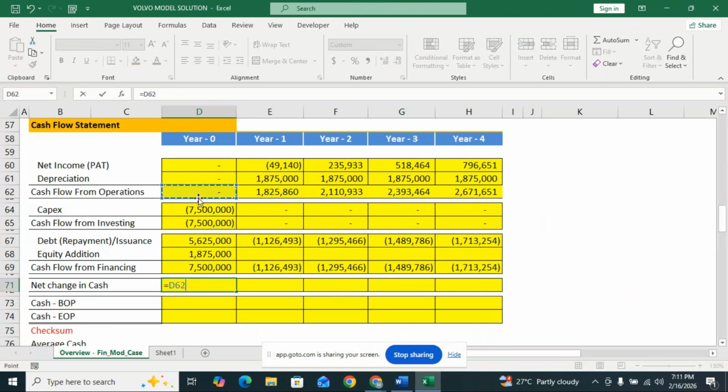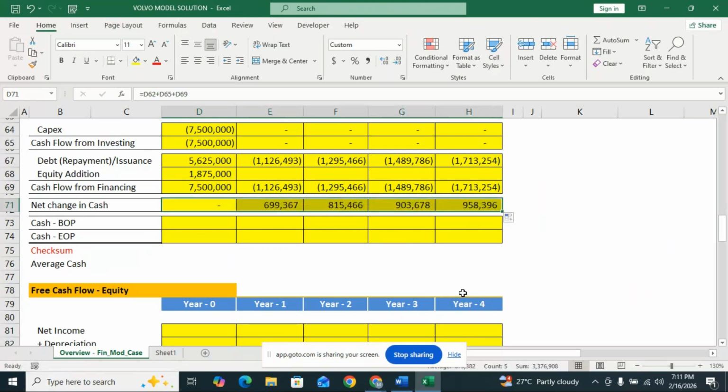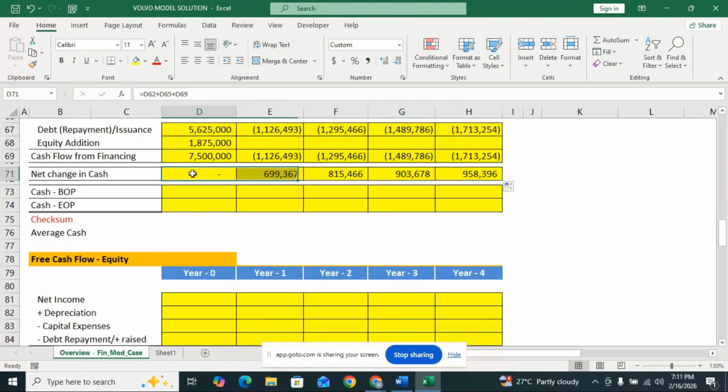Cash flow from the operations, cash flow from the investing, from the financing. That's all. So it will be nil for the first one, and for the rest you can just compute it. So you can get these values. I've just elaborated this for you.